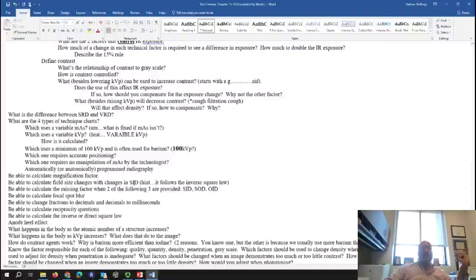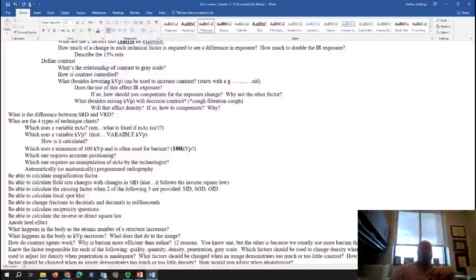Like if it's asking you for exposure changes with the increase in distance, I am going to give you for this test something that you can come up with in your mind. You double the distance, your exposure goes down by a factor of 4. You change your distance from 40 inches to 72 inches, your technique correction is going to be 3.24. Things like that.